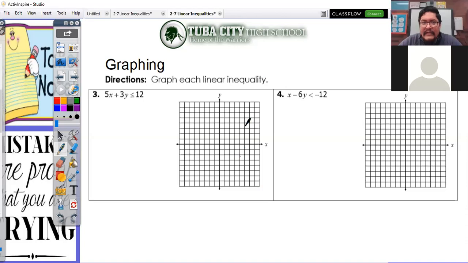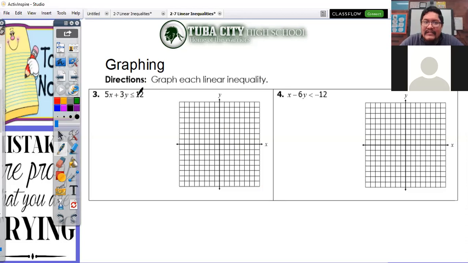Now, for this one here, it is not in slope-intercept form. We want to put it into slope-intercept form because there's a lot of things that are very helpful. Now, we could graph this one in standard form, but we'd have weird intercepts.